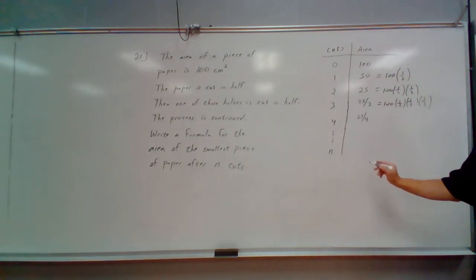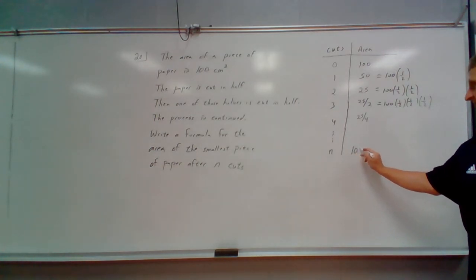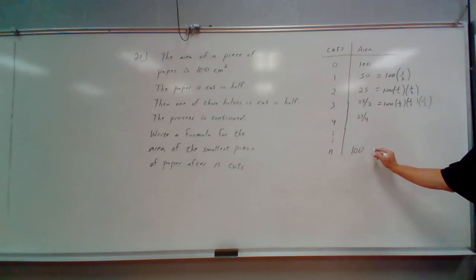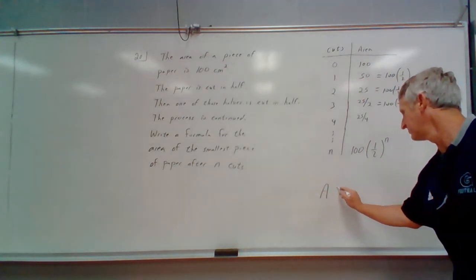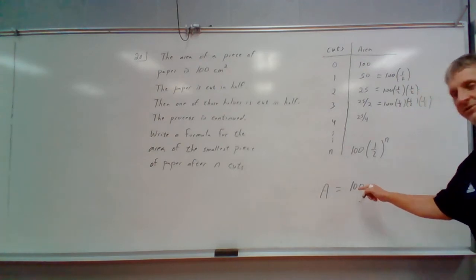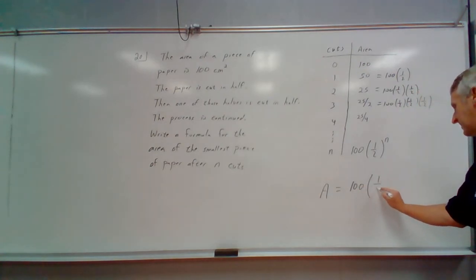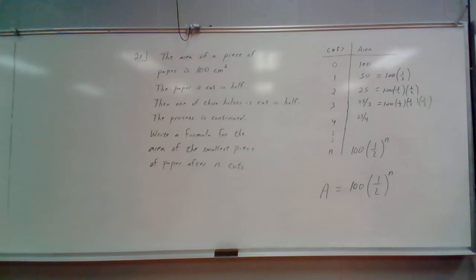So after n cuts, we would have 100 times 1/2 to the nth power. All right. So a good formula would be area is equal to 100, the original value, times the common ratio to the nth power. Let's just check that out.